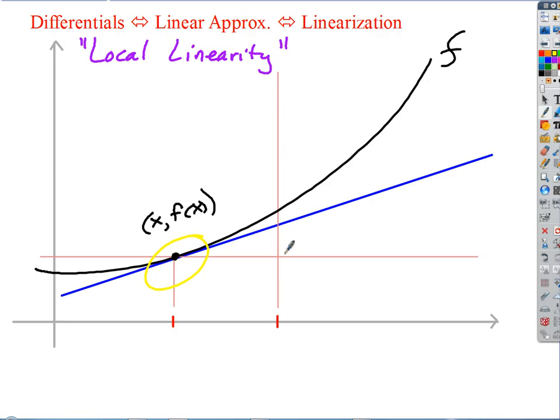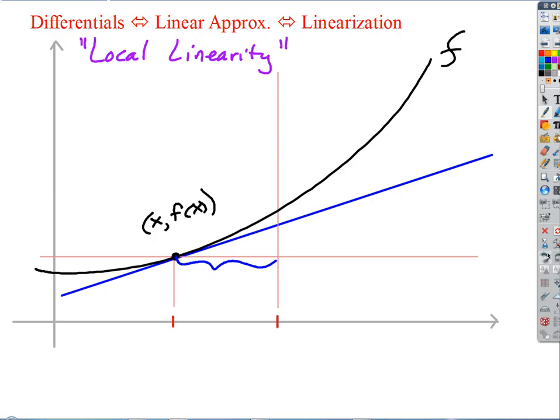In reality, if we do that, the actual amount that the curve has changed... if we call this distance right here the amount that x is changing, we could call that, for example, delta x. Or let's call it dx. I don't like delta. We really want dx.